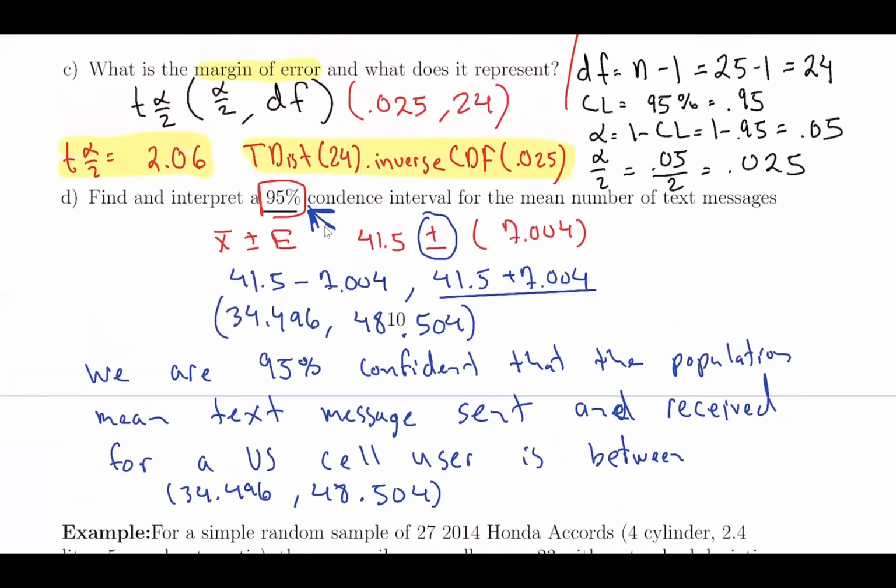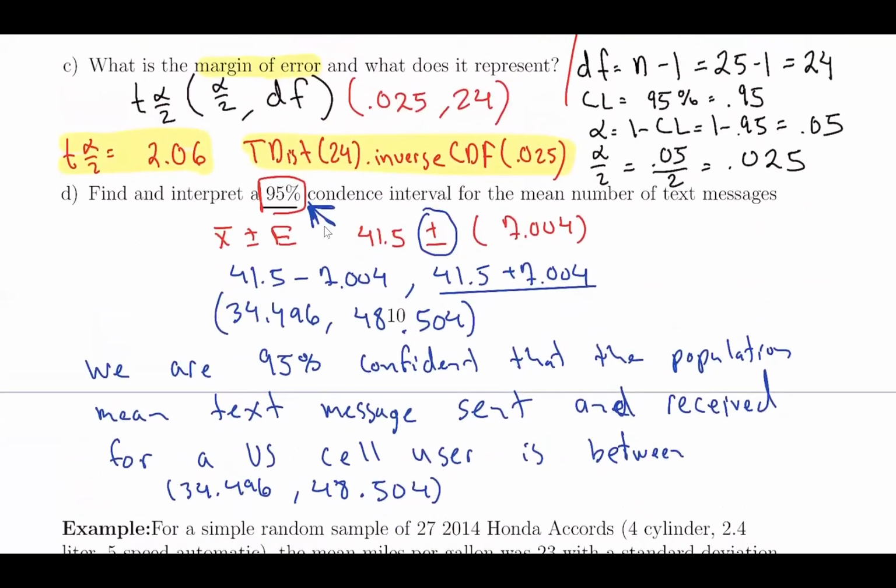Oops, sorry about that. So that will be our interpretation: we are 95% confident that the population mean text messages sent and received for a US cell phone user is between 34.496 and 48.504. And that's it for that problem.